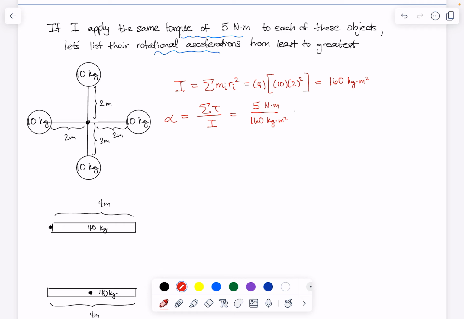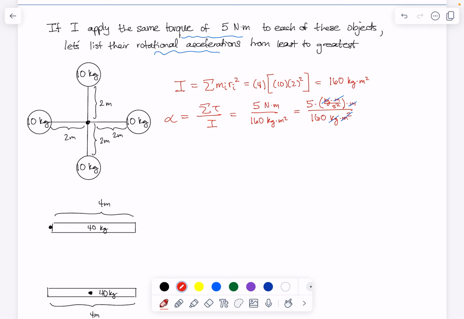One really nice unit thing: if you convert the newtons back to what they're supposed to be, this is kilograms times meters per second squared. Notice how the units cancel perfectly, and they should end up giving you radians per second squared. So meters and meters on top cancel with 2 meters on the bottom. Kilograms and kilograms cancel. Notice how we're left with 1 over seconds squared.